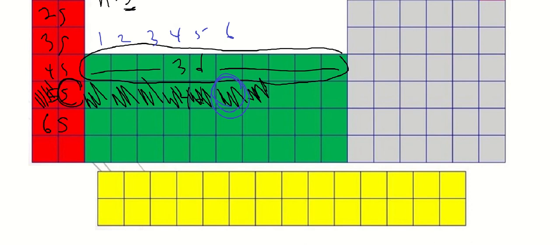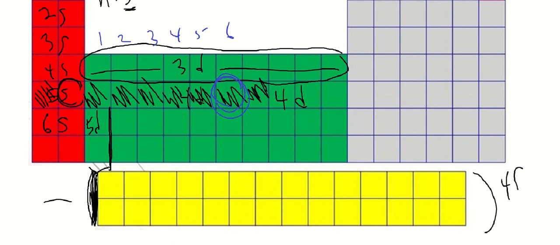Never explained this. You're not going to get this question on your test. But these are inner transition metals. They actually go right in here. So after 6s, this is 4d. I'm going to rewrite that here. This is 5d, and now this is... well, you tell me, where did the f start? Because that's what this is.